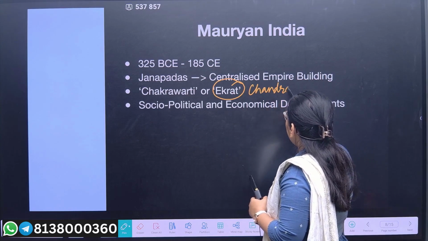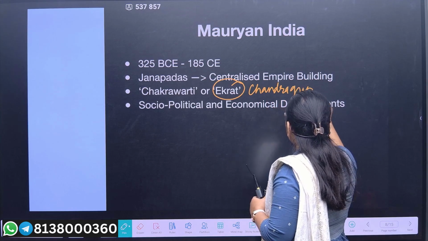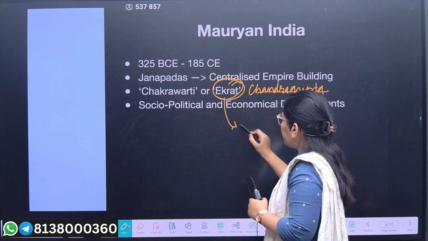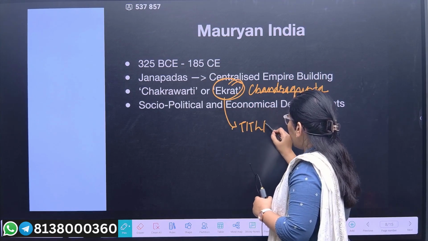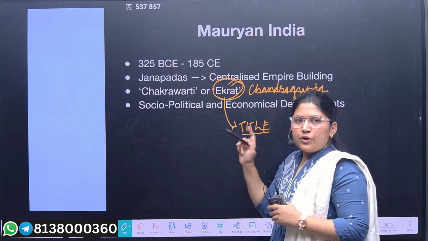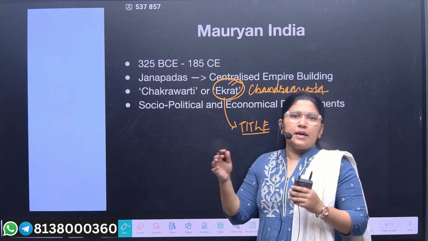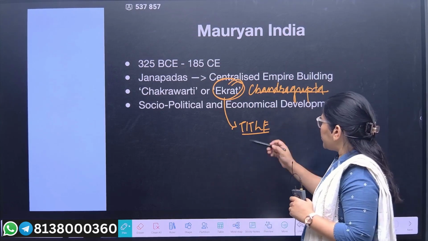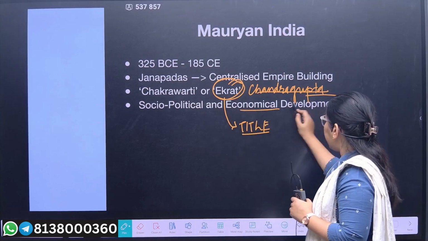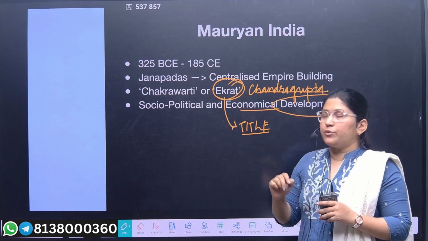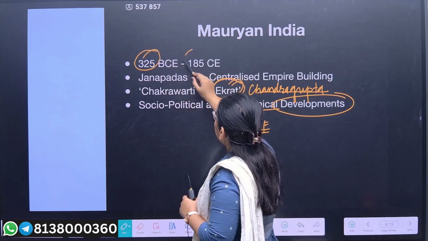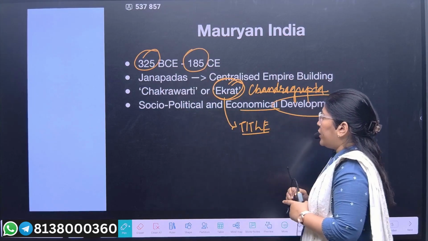In this way the kings would be named. This was the title given to the king during the Magadh Empire, or especially during the Mauryan period. Now the socio-political and economic developments were at a high peak during this period. This period is 325 to 185.